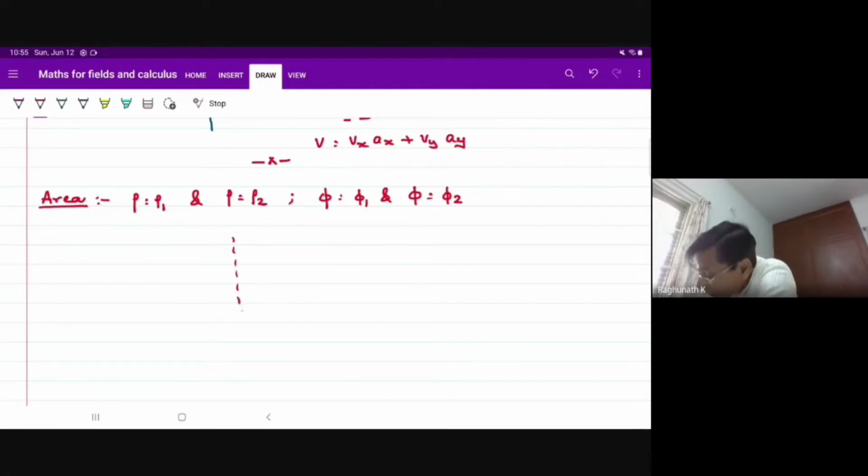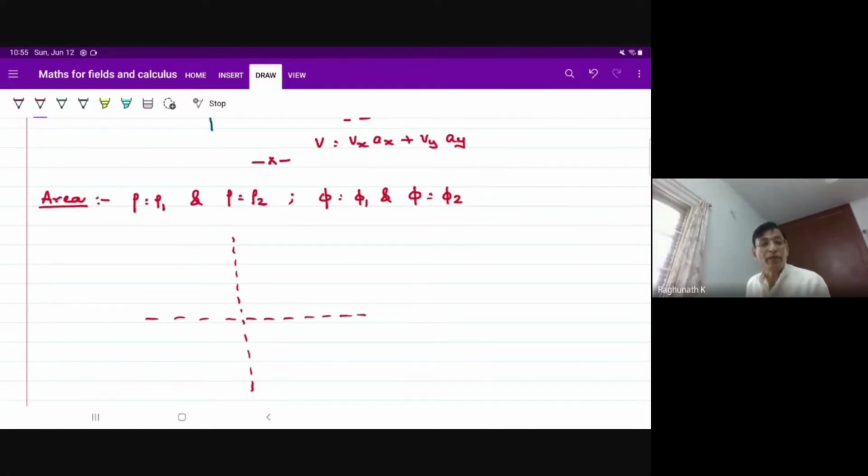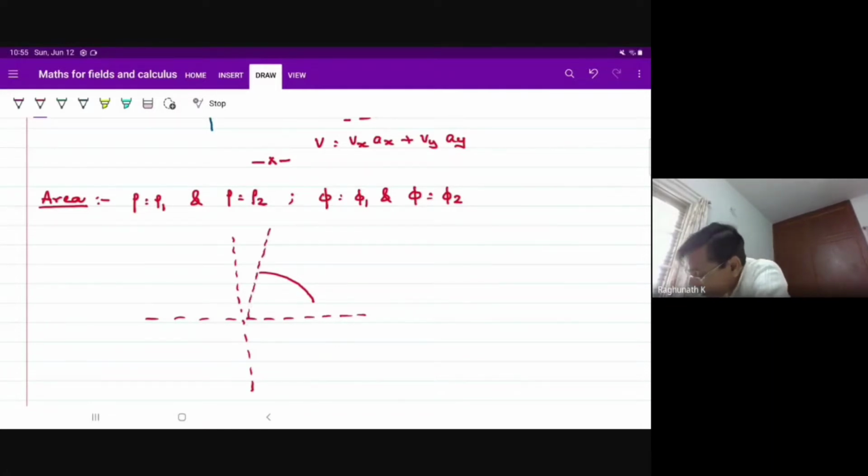I am in the xy plane only, but the same plane is actually a circular plane also for me. If somebody gives me a problem like this, phi is equal to phi 1, phi 2. This line is phi equal to phi 1. This is phi 1, this is phi 2.